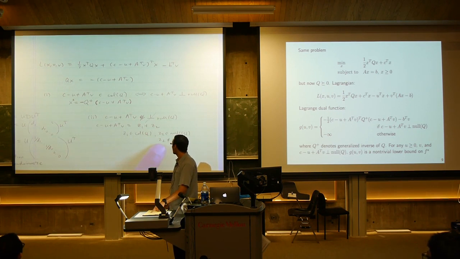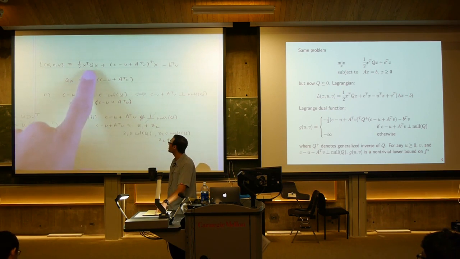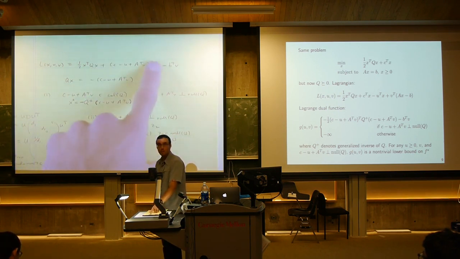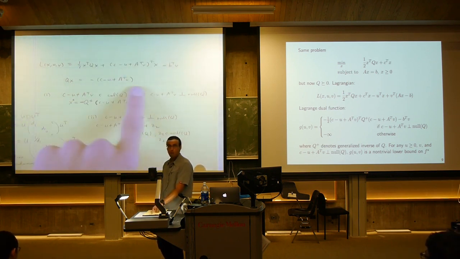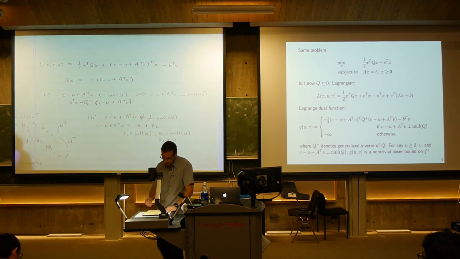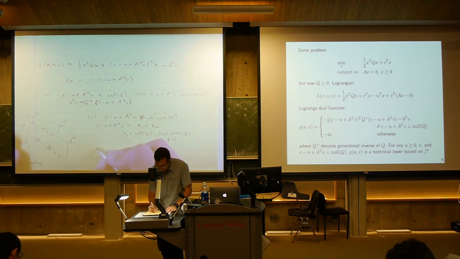Because if I just take x to be some scalar multiple of, say, Z2, or of minus C2, then this term is 0. Because by definition of the null space, Q times Z2 is going to give me 0. But this term is not 0. That's the key. And if I take x to be some scalar multiple of minus Z2, then I can make this as small as I want. I can drive this term all the way to minus infinity. So in that case, right, the Lagrangian, if I want to minimize it over all x, the answer is just minus infinity.